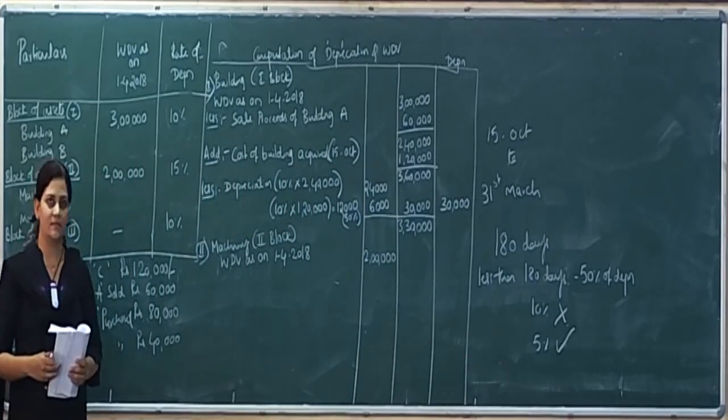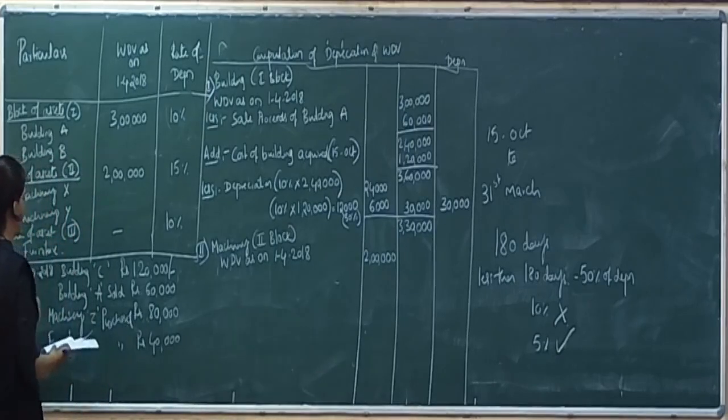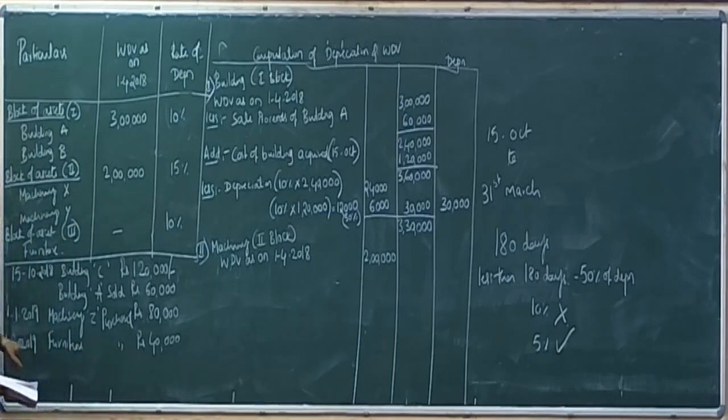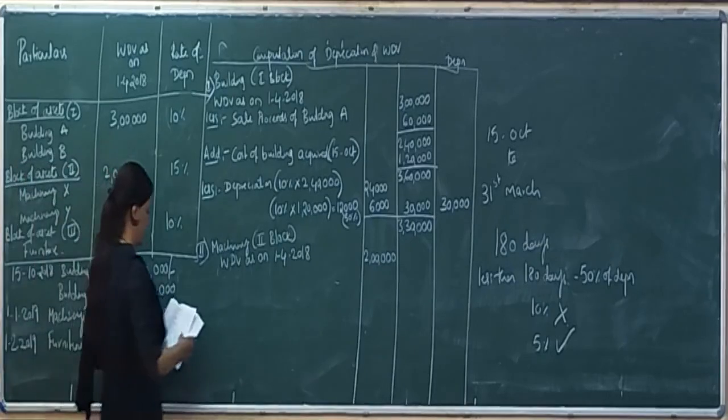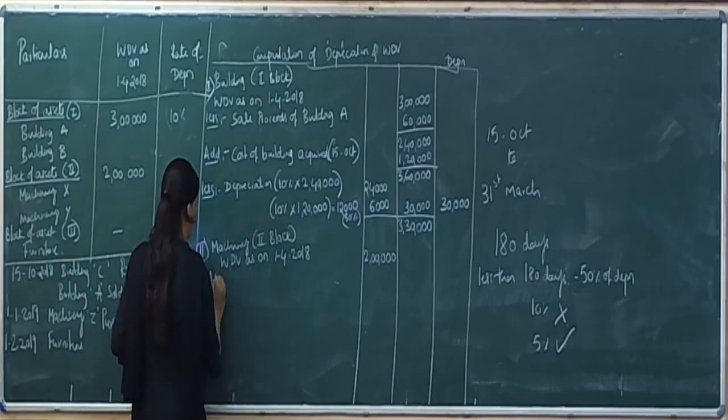Now next we need to check, are there any sales? There are no sales for machinery, but there is only purchase. So here directly we can add purchases.